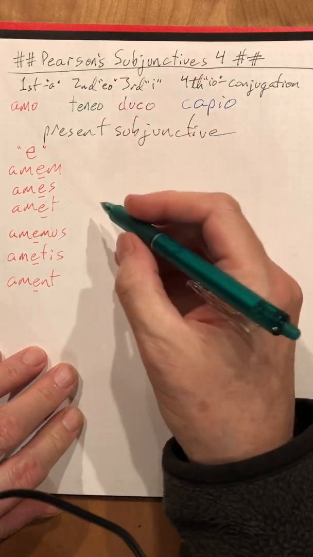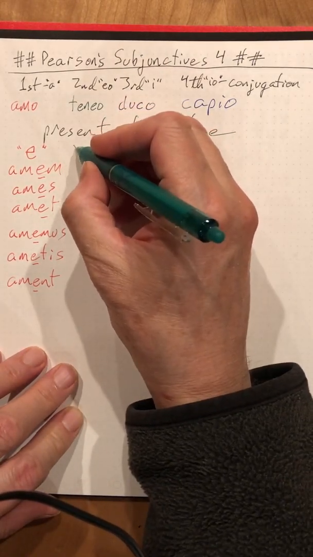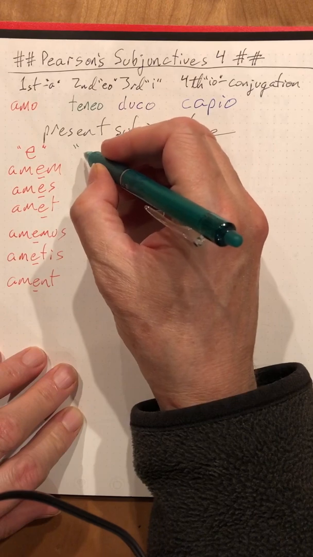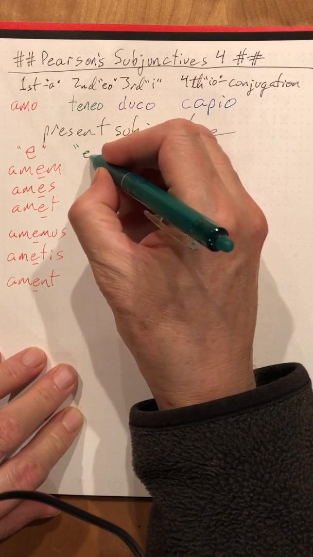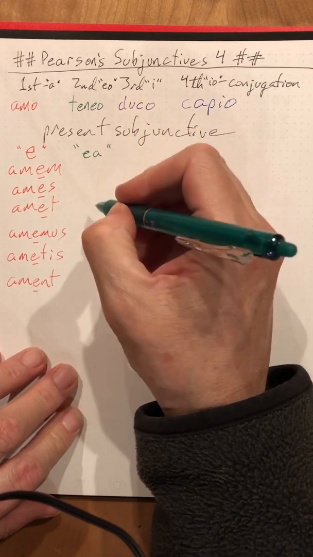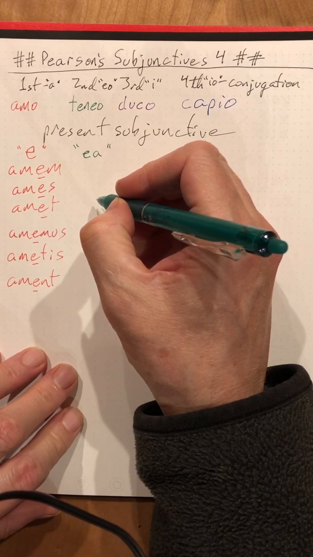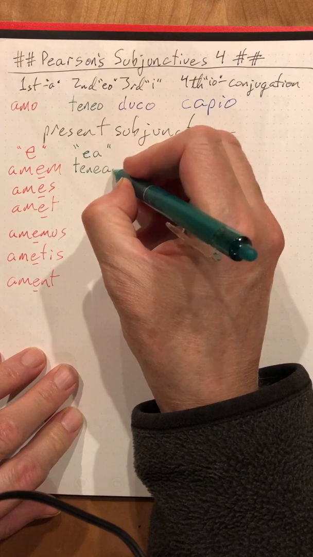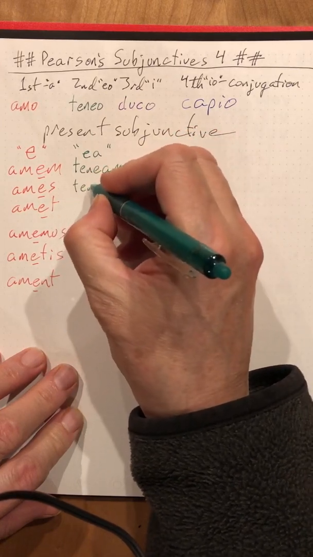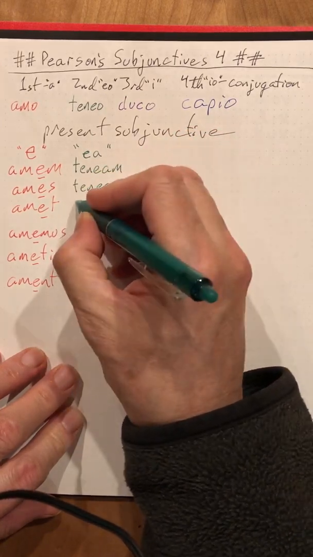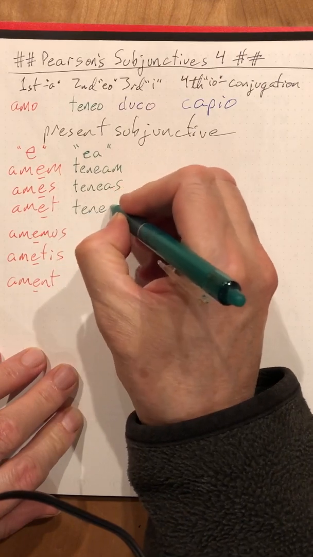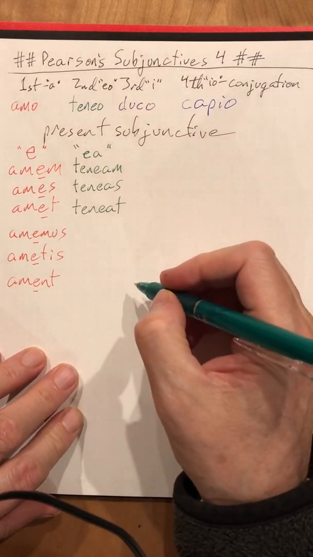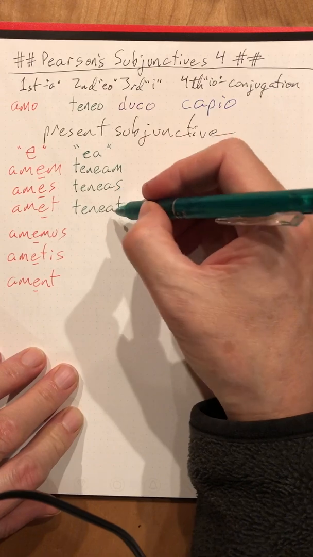In teneo, this is going to be EA instead of just E. Watch what happens. Teneam, teneas, teneat. That used to be teneo, tenes, tenet.